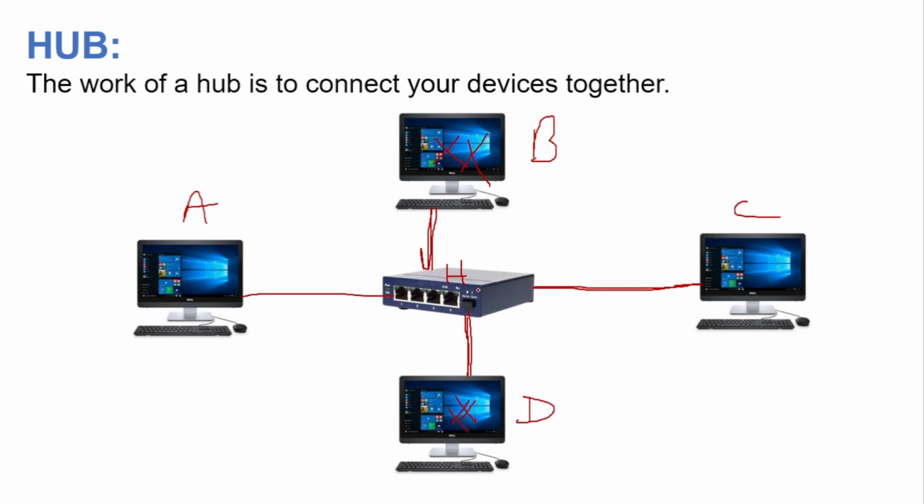Another limitation of a hub is that it is open to high security risks, because any data you are sending to a particular port duplicates the same data to every other port.